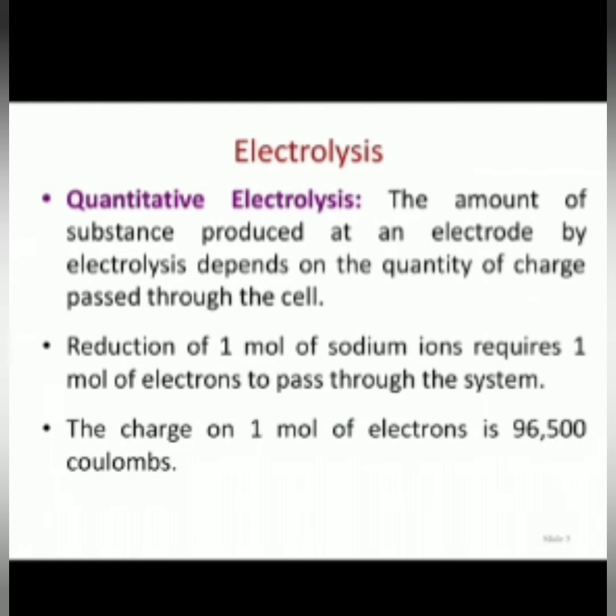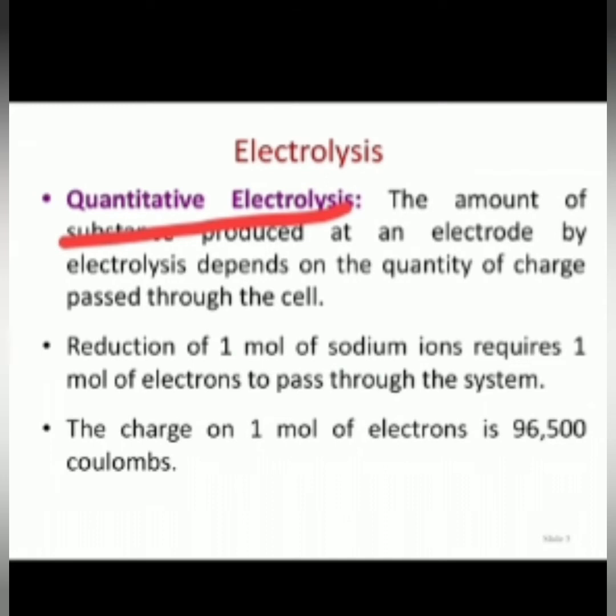So, in quantitative electrolysis, the amount of substance produced at an electrode depends on the quantity of charge passed through the cell. Hence, one more important topic here is Faraday's law.